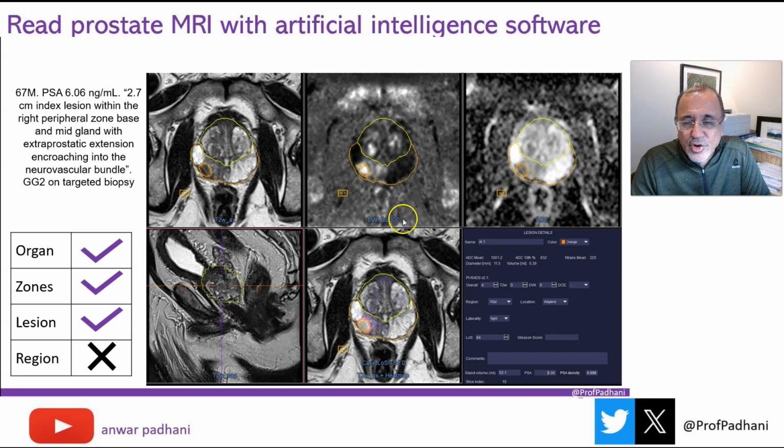Well, if you were going to undertake a biopsy, your region of interest would in fact be much larger. It would be the whole of this area, whereas the AI is only identifying this small lesion within this larger area. So although it's quite good at organ segmentation, zonal segmentation, lesion segmentation, not so good at the region segmentation.